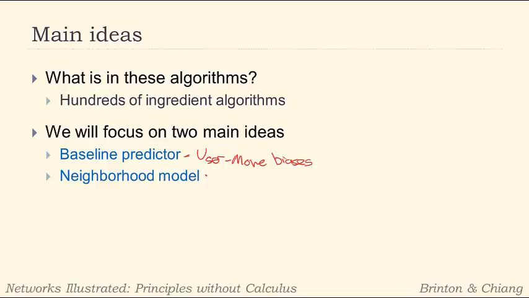And in the neighborhood method, we're actually going to use similarities. So we're going to say user-to-user or movie-to-movie similarities. For instance, if Charlie and Bob tend to like all the same movies, then we could say that if Charlie is going to like some movie, Bob probably likes it too.